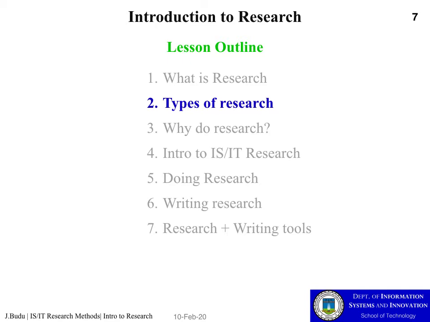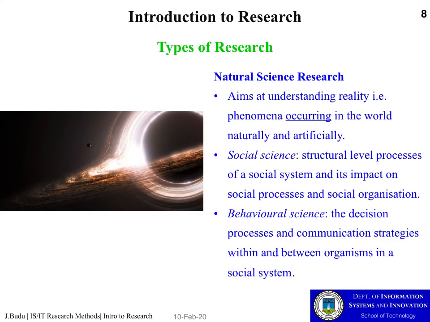So we'll take the next topic, types of research. The definitions I've given earlier suggest two types of research that we can do in IT and IS research. The first type is called natural science research. For natural science research, we aim at understanding a reality or phenomenon in our natural world.